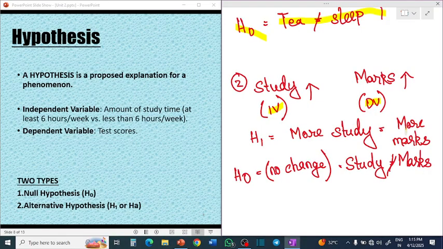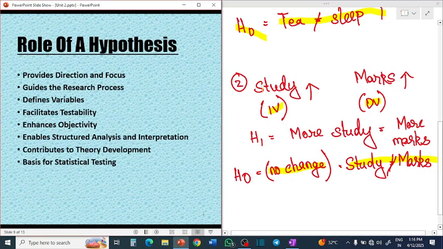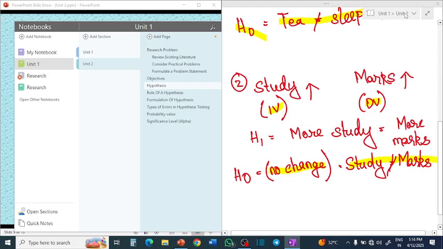More study will be equal to more marks. And null hypothesis will show us that there is no change. So it will show study has no relation with marks. So the first one is the alternative hypothesis, and the second one is the null hypothesis.